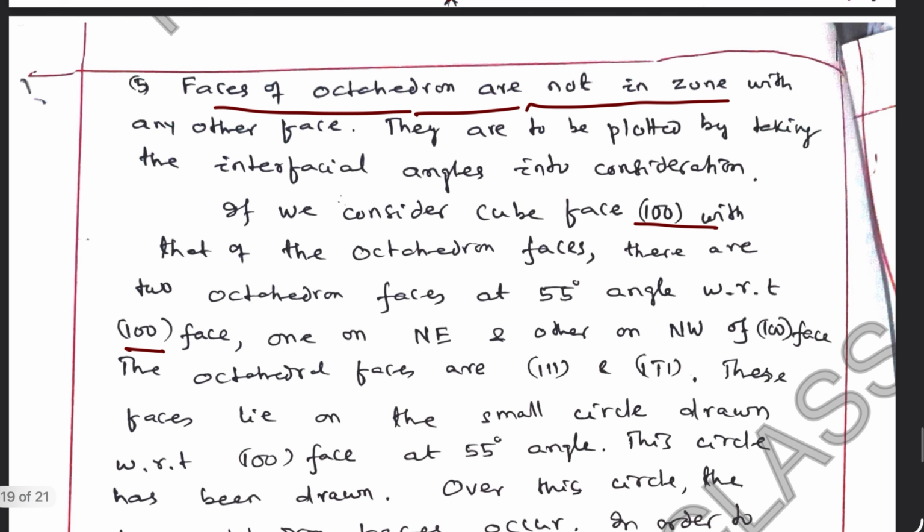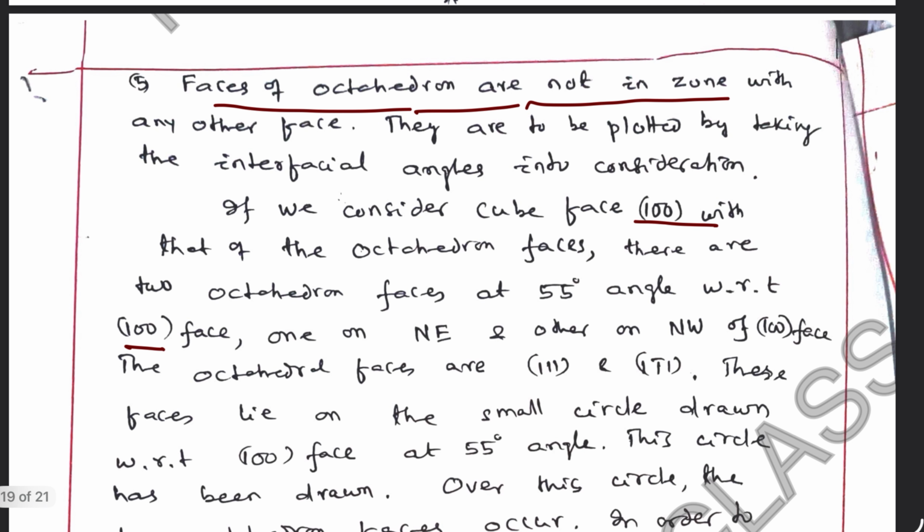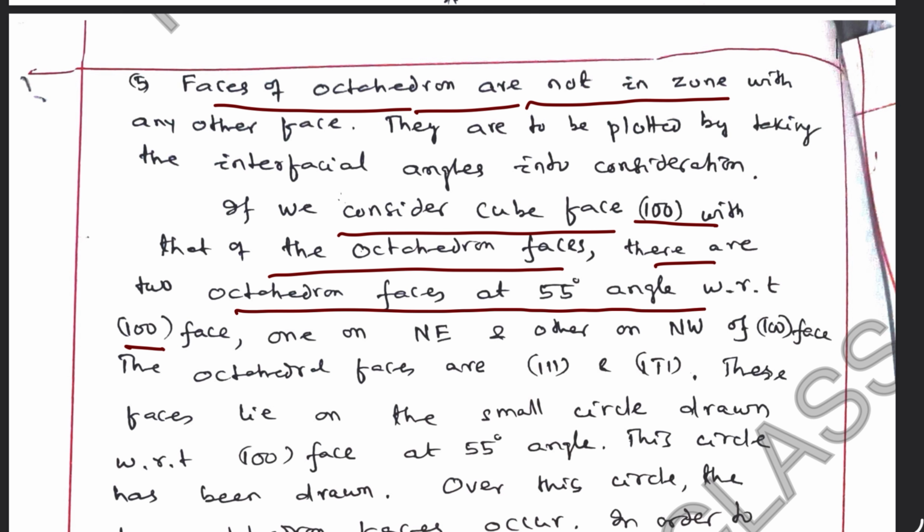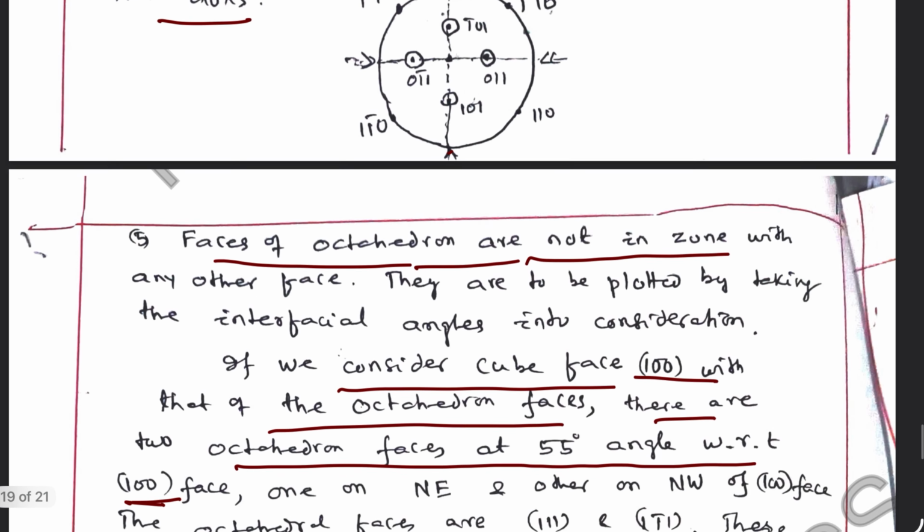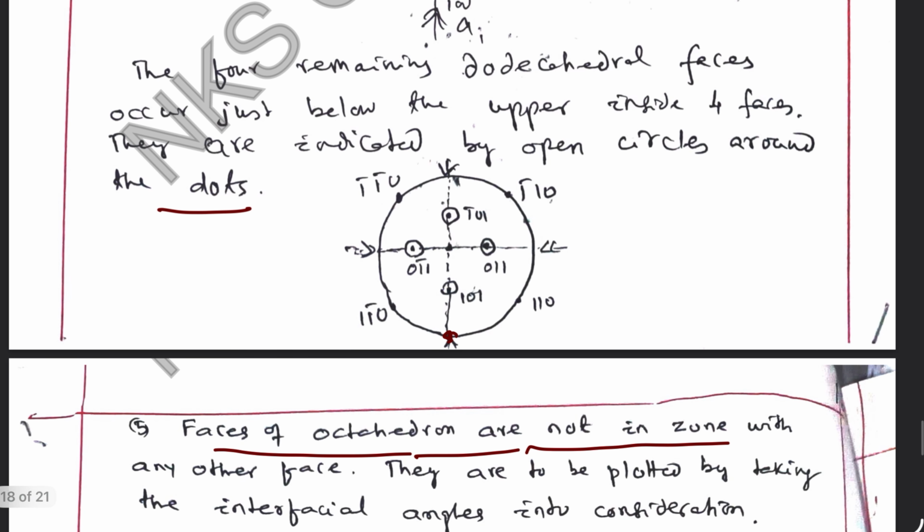So if you consider the cube 1 0 0 face with that of the octahedron faces, there are 2 octahedron faces at a 55 degree angle with respect to the 1 0 0 face. This is the 1 0 0 face.